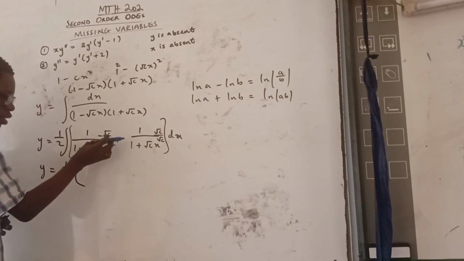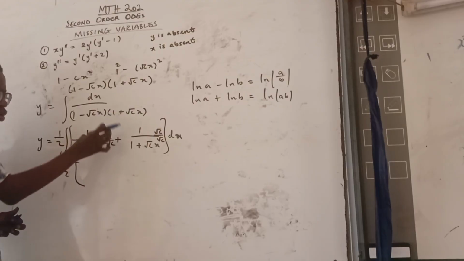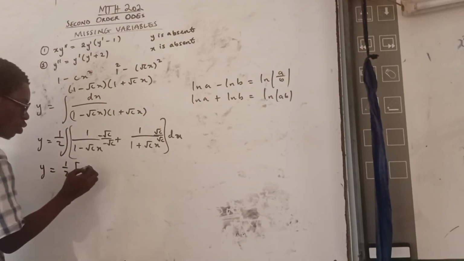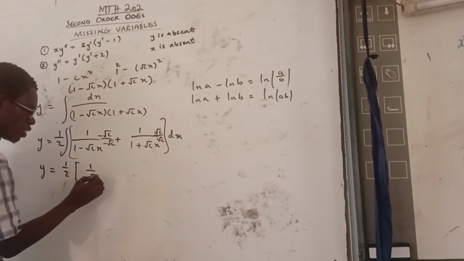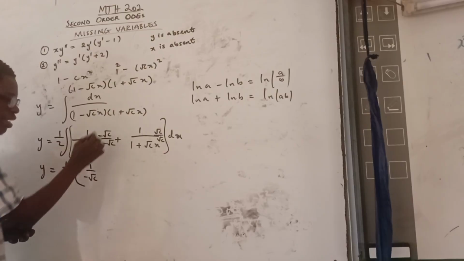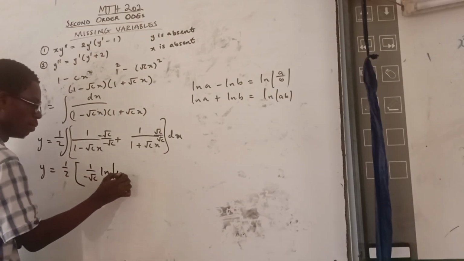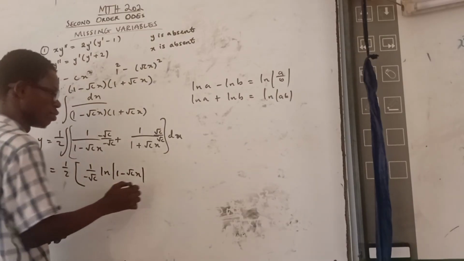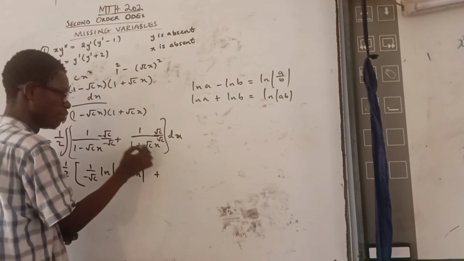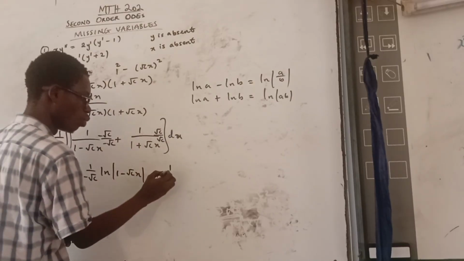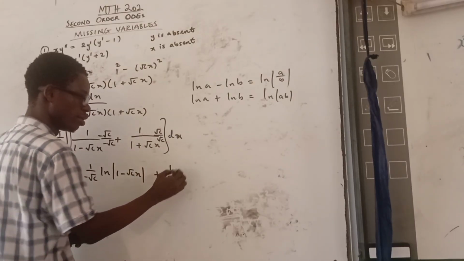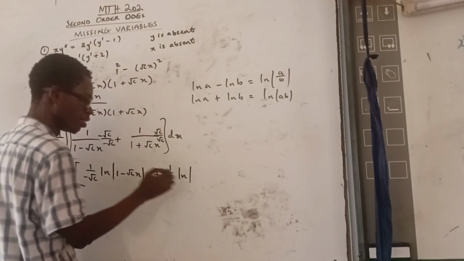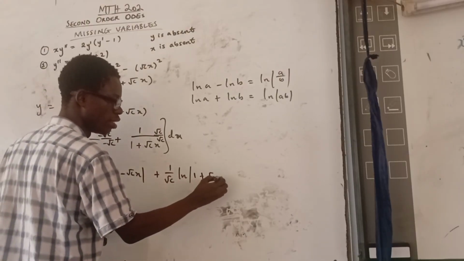So this one, if I differentiate this, it is going to give this one. So I can bring this out and say 1 over minus root c. If I differentiate this, I get ln of 1 minus root cx, plus 1 over root c ln of 1 plus root cx.